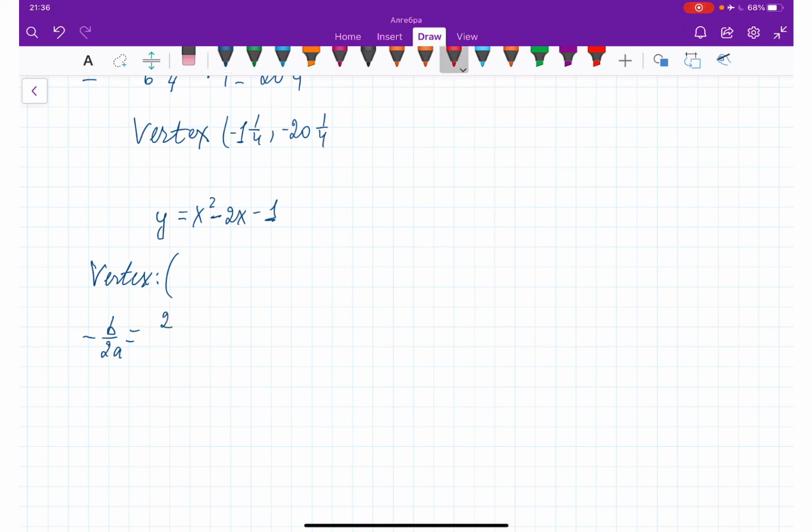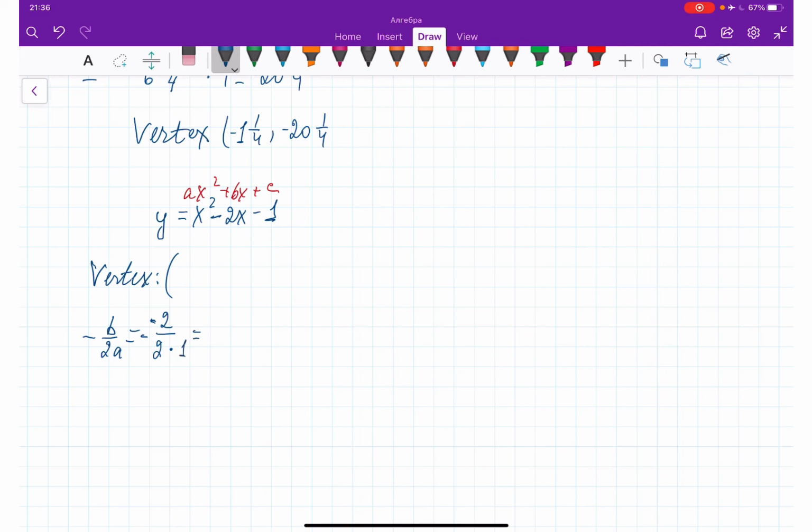Because we have ax squared plus bx plus c. So it's going to be negative, negative 2 over 2 times a, and a is 1.